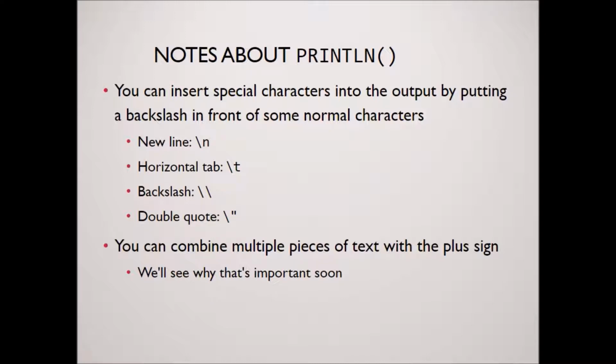It has a quote at the front, quote at the end. We have to escape them if we want to print a literal quote inside of the string, likewise with the backslash. You can do what's called concatenating, or combine pieces of text, with the plus sign. We'll see examples of that in the next slide.